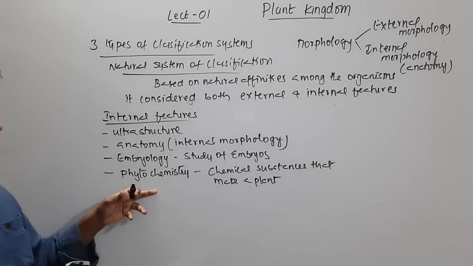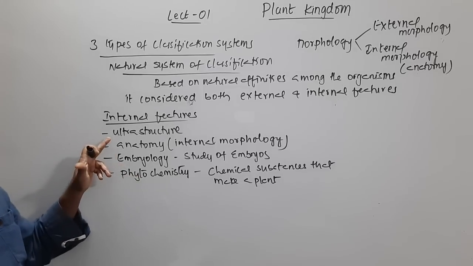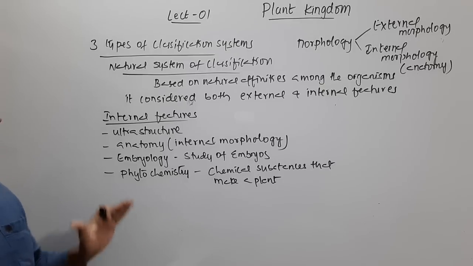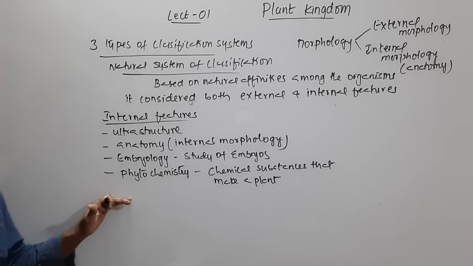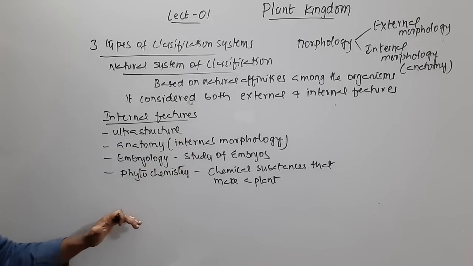So this phytochemistry, embryology, anatomy, and then ultrastructure of plant cells, all these they have considered. So they come under internal features. Not only have they considered the external features, but they also have considered these internal features, and then they have classified the plants.